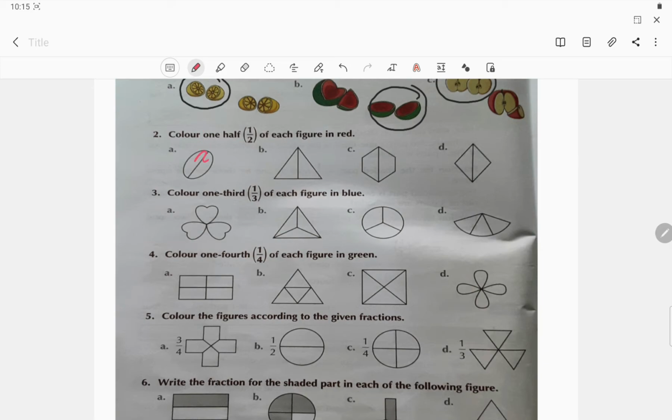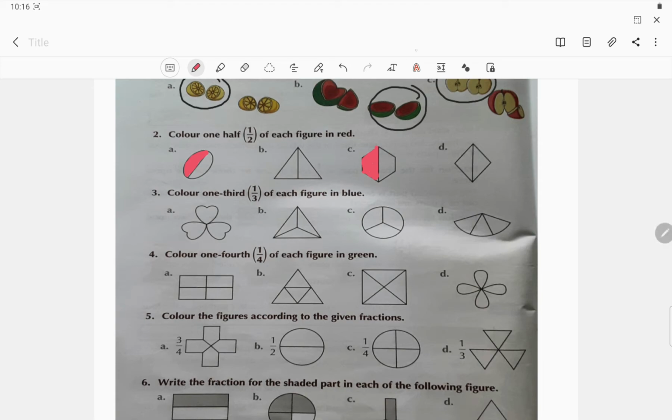So in this question A, you have to color only one. Okay, A number and C number I am doing, and B number please you do. So in this way we have to color.